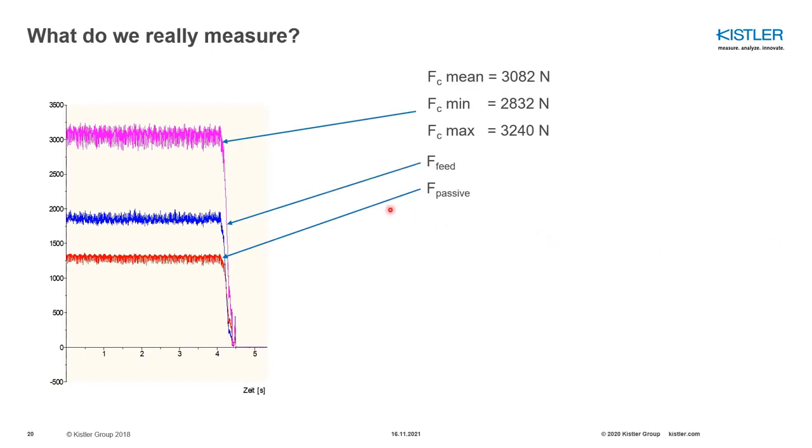If you look at a cutting force measurement, regardless of whether it's turning, milling, grinding, or even drilling, you have different force components. Let us, in this case, look at 3 force components: feed force, passive force, and cutting force. As you can see here, we have the static part of the force measurement.